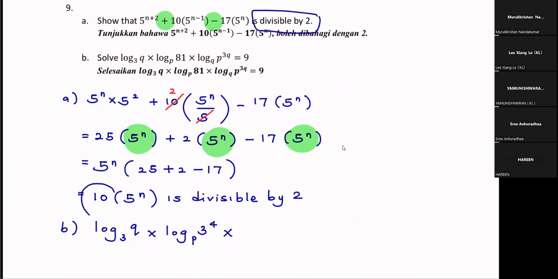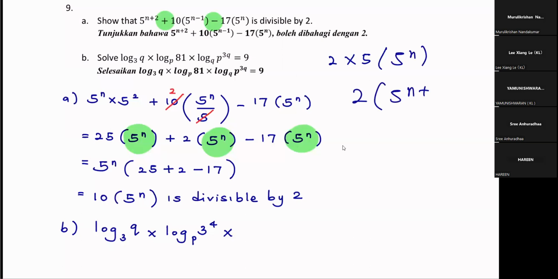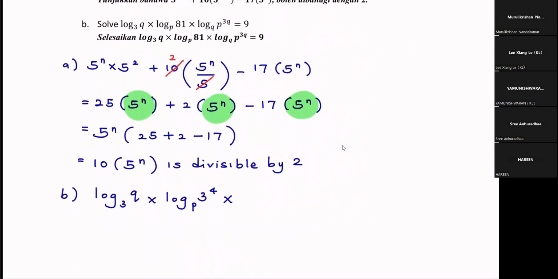As long the front value here is something multiple by 2, you can get full marks. Just now, you make the 10 is 2 times 5. Then the 5n you combine inside there, you get 2 bracket 5n plus 1. Still same. The front part is a multiple of 2. You still can get same marks, but no additional marks for these extra things there. Understand? But still okay, because the 10 and the 2 is still multiple of 2. No issue. Understand? Yeah, okay, thank you, sir.